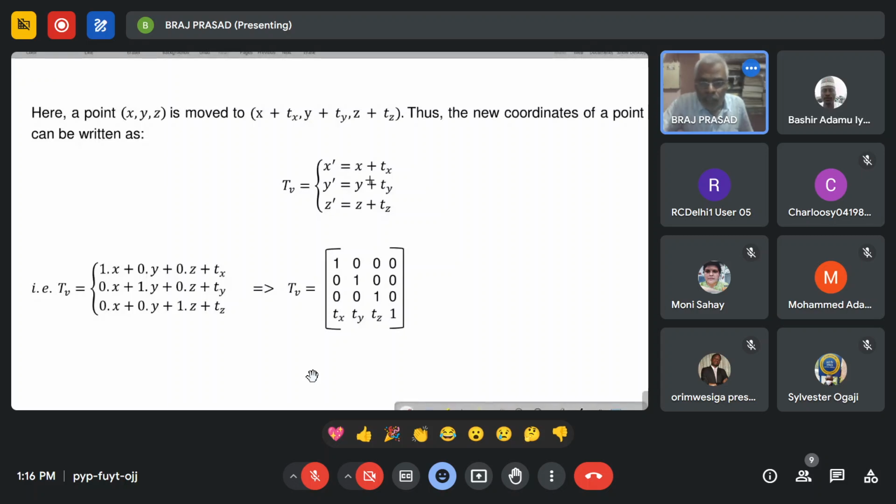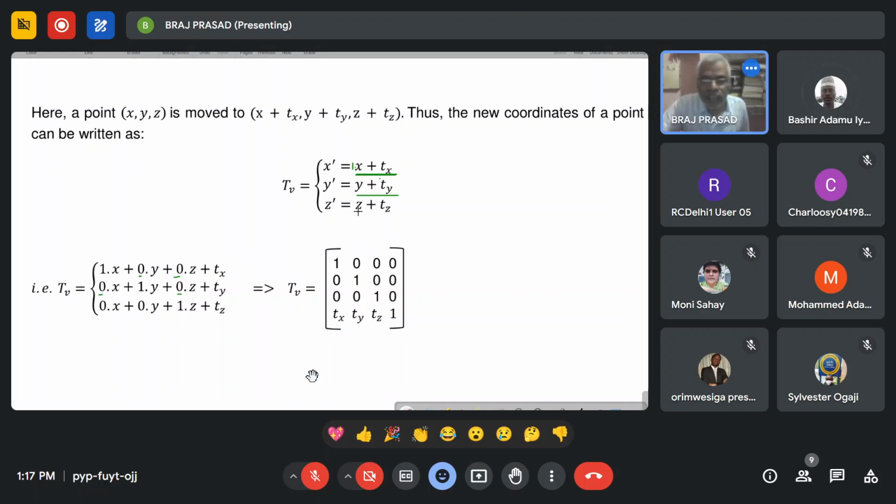If we expand this x plus tx in terms of x, y, z, the coefficient of x becomes 1 and the coefficients of y and z are 0, plus tx. In the second row, the coefficients of x and z are 0, but the coefficient of y is 1.